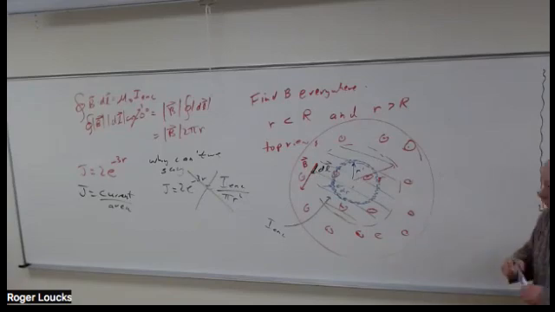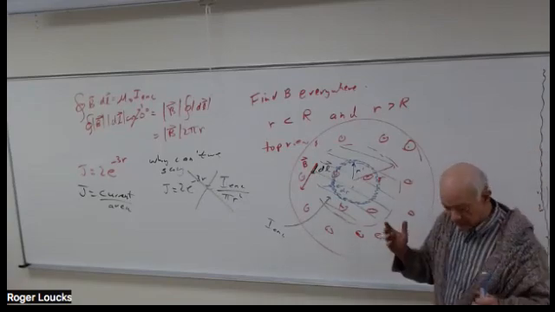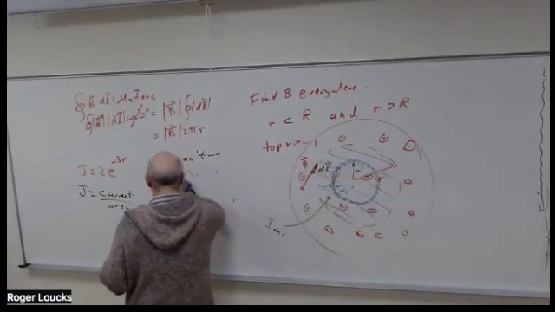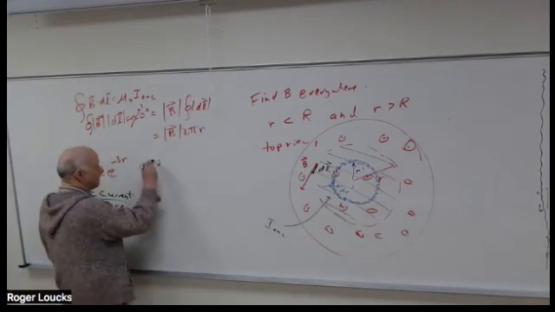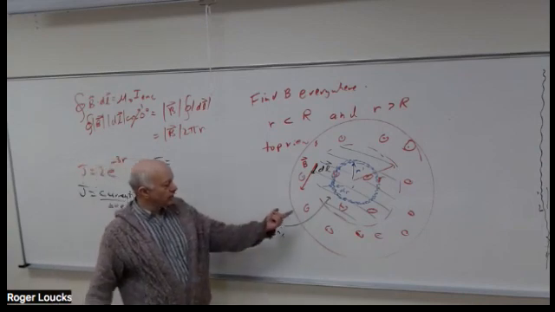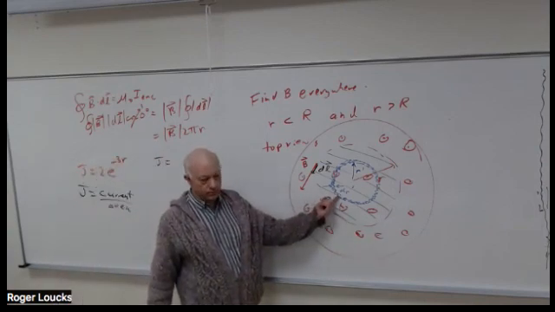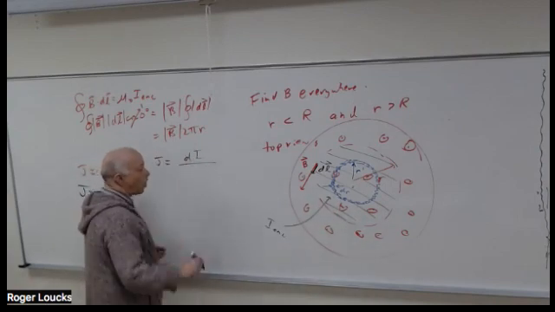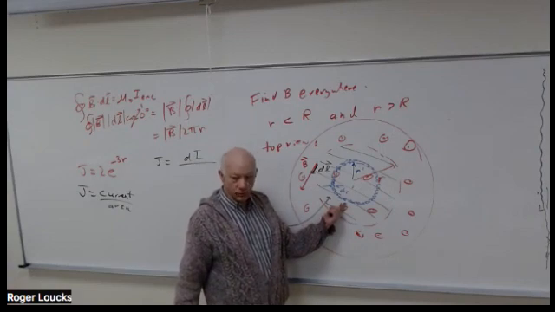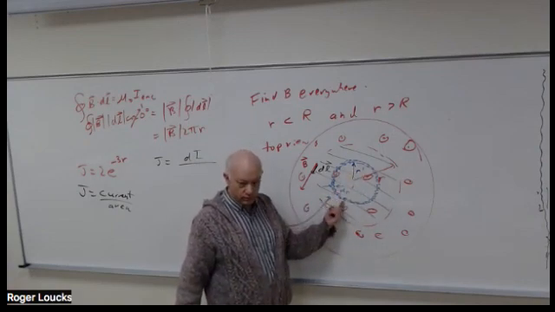Now I'm going to write the J for this. So we can say J here. Okay, how much current is coming through that little ring? dI, some small fraction of it. Over what area is it coming through? You know the area of this ring.